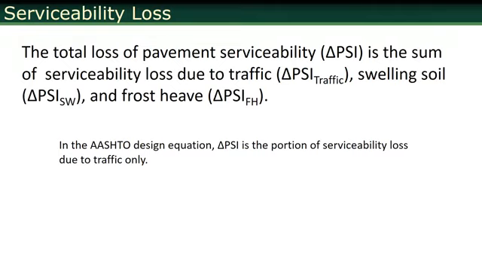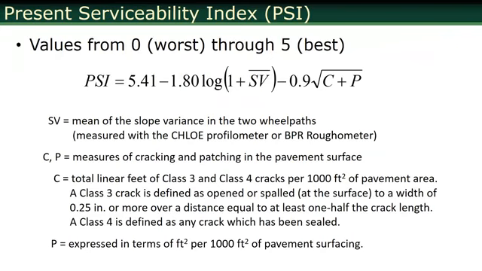Here you use the plasticity index. If there are highly plastic subgrade soils, you have to come up with a correction factor for delta PSI. And for delta PSI because of frost heave, there's another correction factor you have to apply in the AASHTO 93 design.